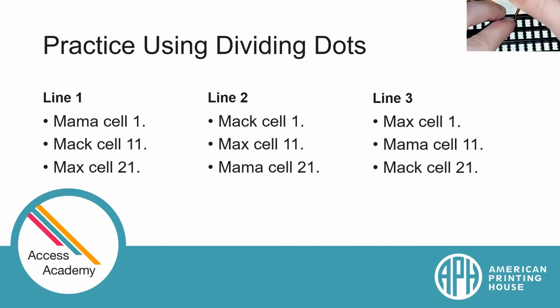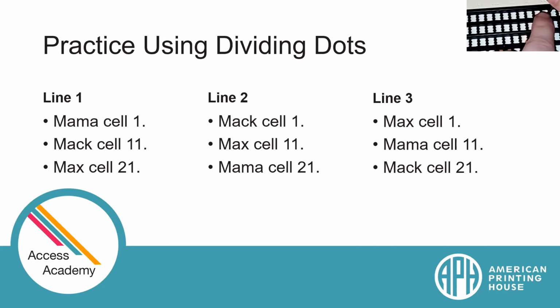After you've done that one, I want you to find cell 21. So you were in 11. You should feel your next dividing dot is 15. The next one is 20. So right after 20 is 21. And write the word max. Don't forget that capital.